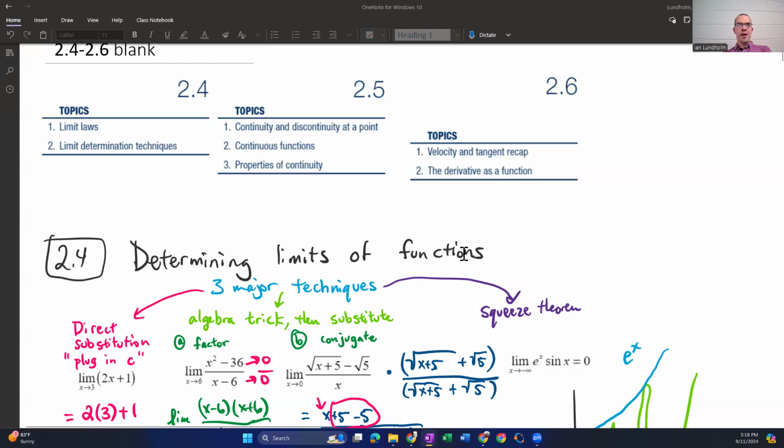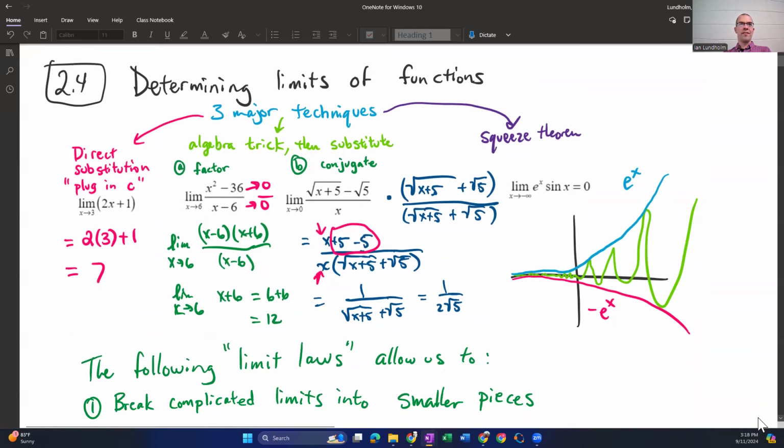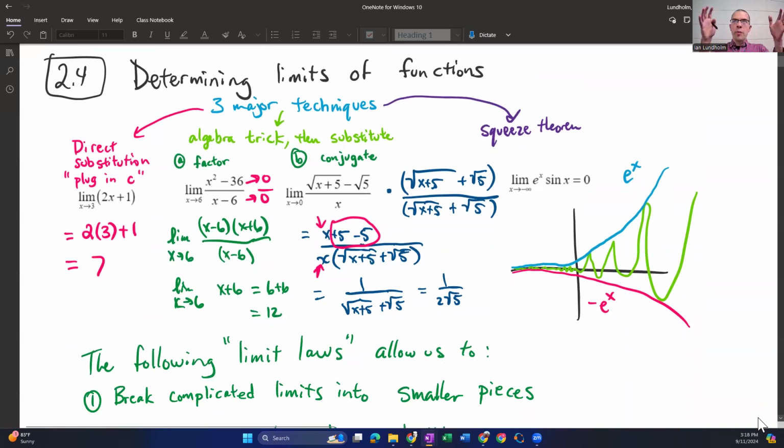Okay. So here at the beginning of 2.4, I'm trying to do kind of an advanced organizer. This is what we're expecting to see today, but I'm going to go through this too fast for you to be able to pick up on all of it, probably. Okay, so first major technique of finding a limit is just direct substitution.